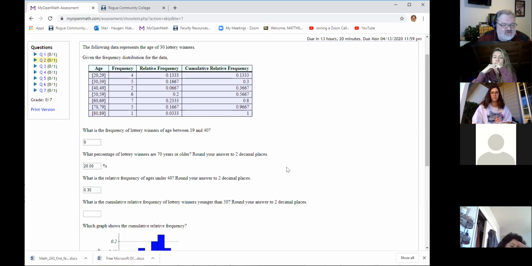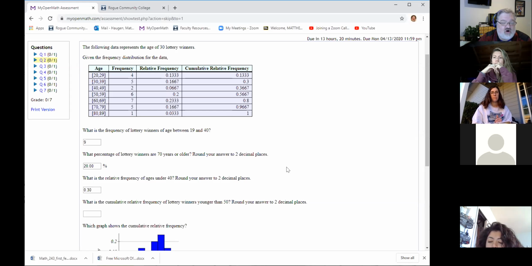You're probably noticing that there's a lot of different ways to read this table for that same information. One of the things about this table, I said they're giving us the same information in 3 different forms. Really, any one of these columns would be complete data. We'd be able to answer any of these questions from any of those 3 columns.